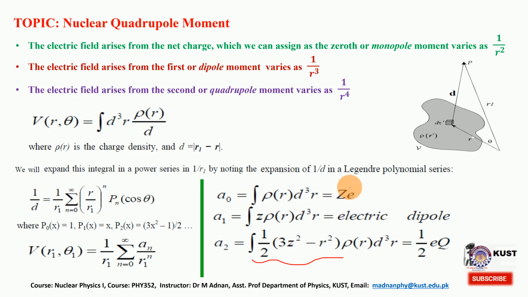Now here this is the monopole, this is the dipole, and this is the quadrupole. This q represents the quadrupole moment.